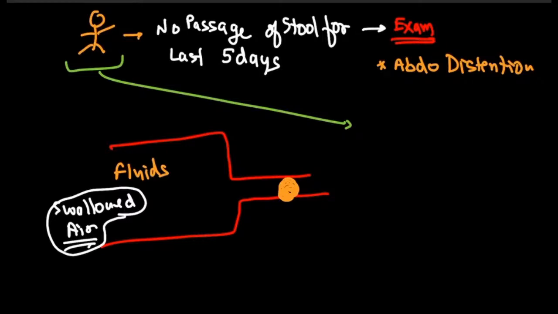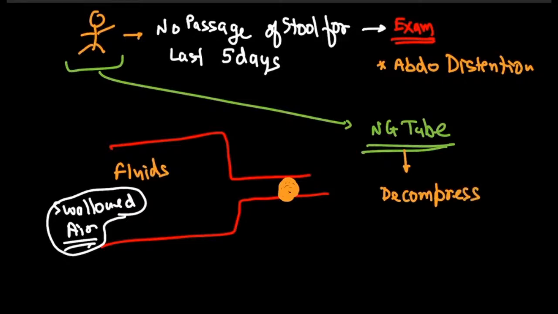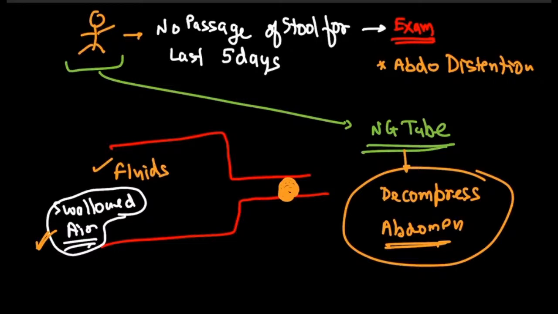One of the first things you will do is pass the nasogastric tube. How will it help you? It will help you in decompressing the abdomen. It will get rid of the fluids and the air, and because of this the bowel wall will not undergo ischemic changes.